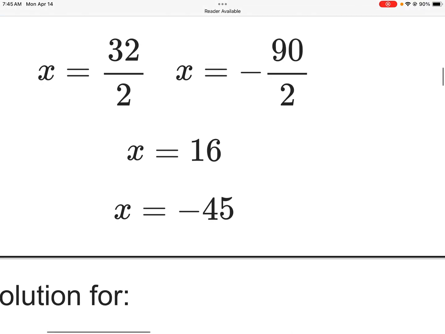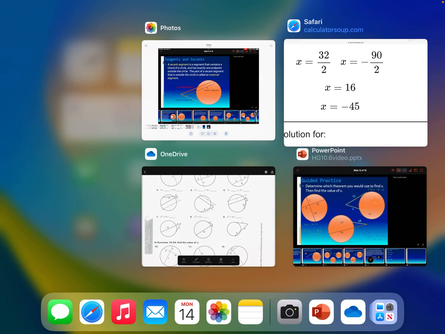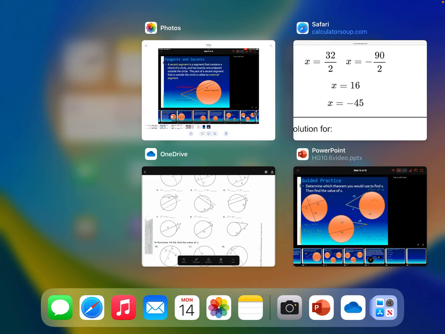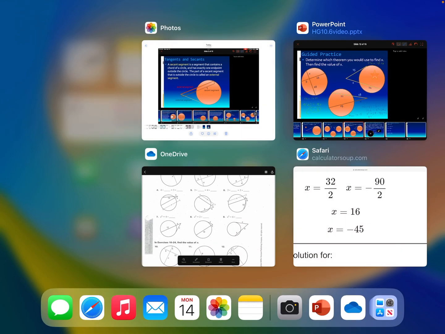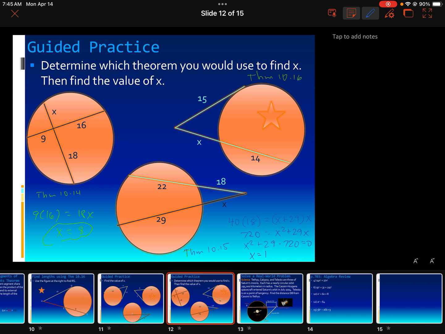X is 16 and x is negative 45. A lot easier, a lot more efficient than messing around with that by hand. And of course I forgot. 16 and negative 45. So x is 16 here. It can't be negative 45. Do you see how the x length right there? It has to be positive.